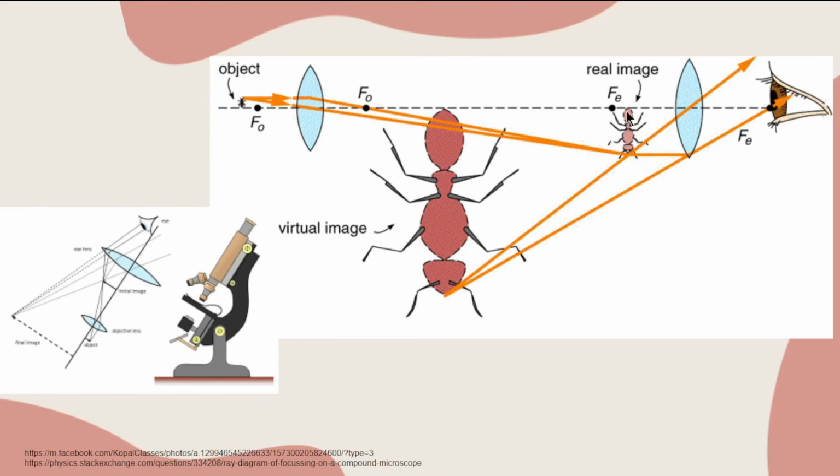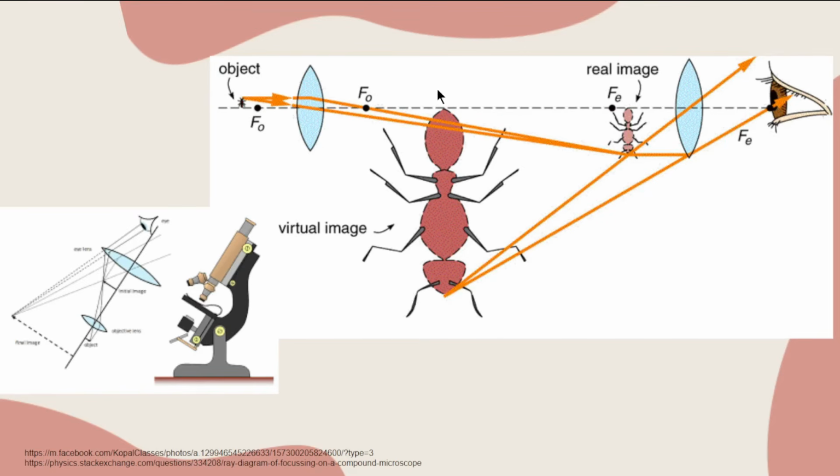Okay, at this point, this is a real enlarged image produced by this lens, and this image would then be the object of the eyepiece lens, which in turn will produce this enlarged image na mas malaki kaysa dito.